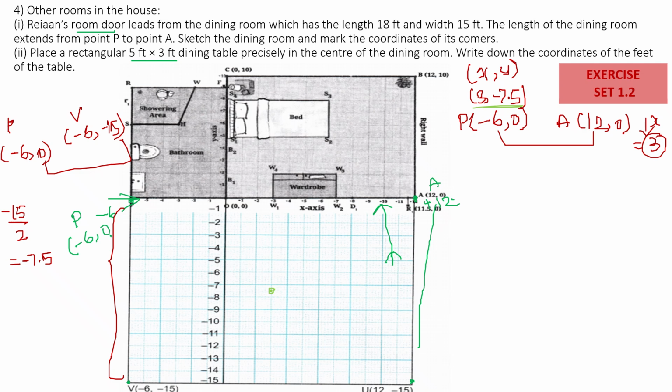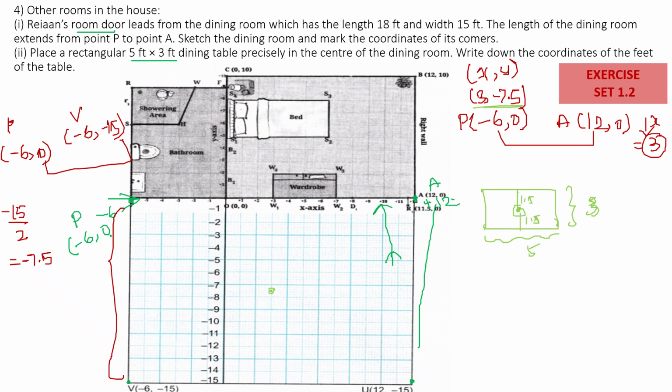So now what is our table actually? See over here, this is our table. We have marked the center point like this. So what is the size of the table? 5 feet is the length and 3 feet is the width. So the width has to be divided into two parts, right? So from this center point I will be going up 1.5 and coming down 1.5.